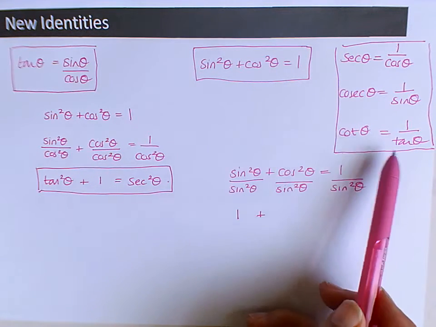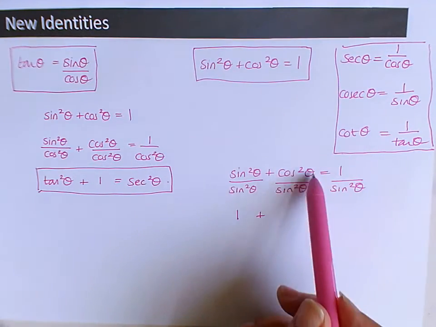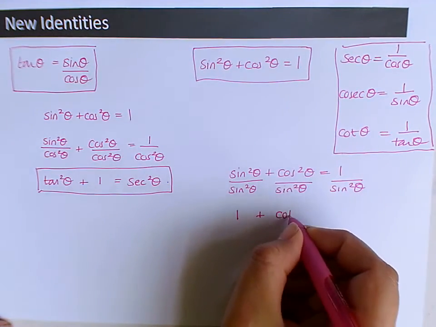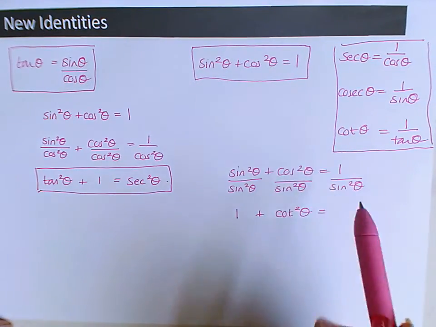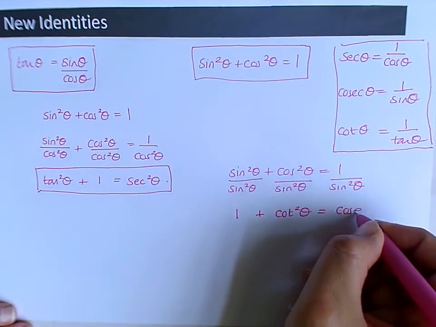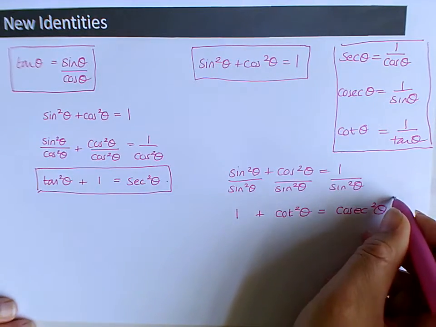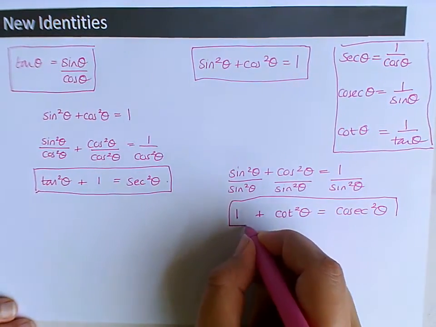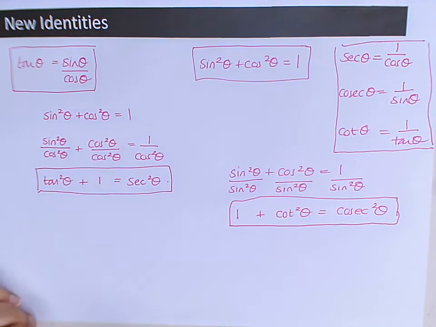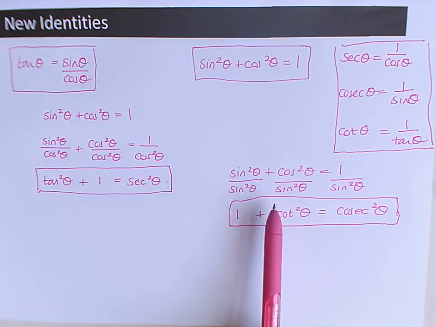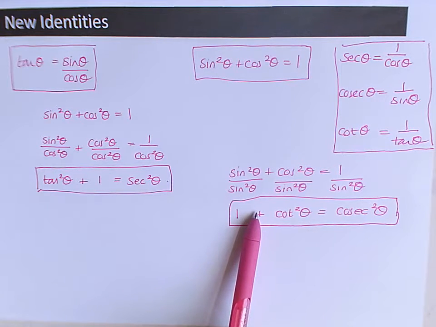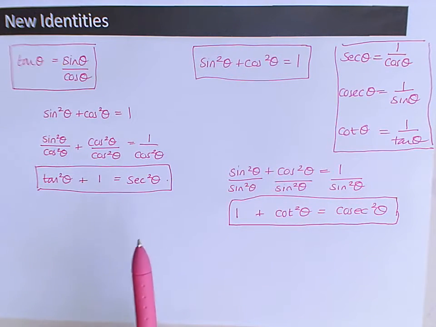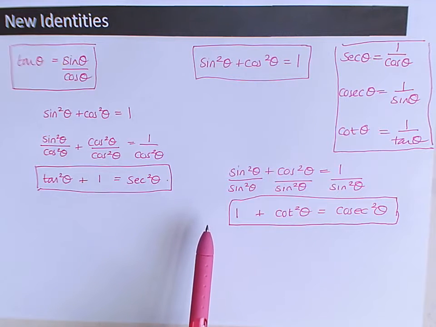And the reciprocal of tan is cot. So this here is cot squared theta. And this here is cosec squared theta. So I now have another identity. There we go, 2 new identities for us to use when we're solving trigonometric equations.